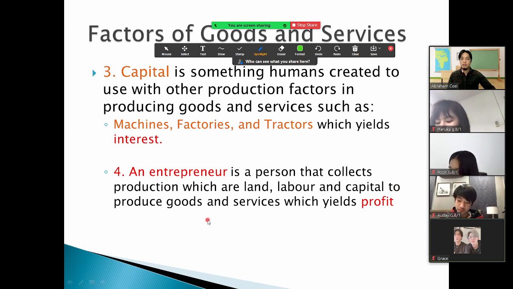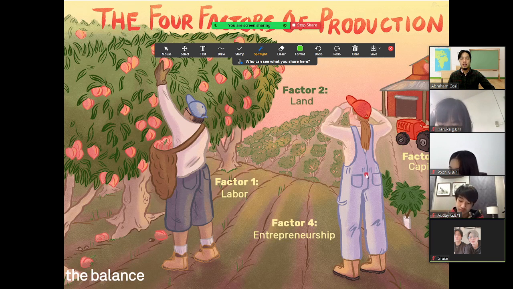So you have the four factors of goods and services. I also showed you a picture here on how they are related to each other. We have the entrepreneur, entrepreneurship, which involves management.